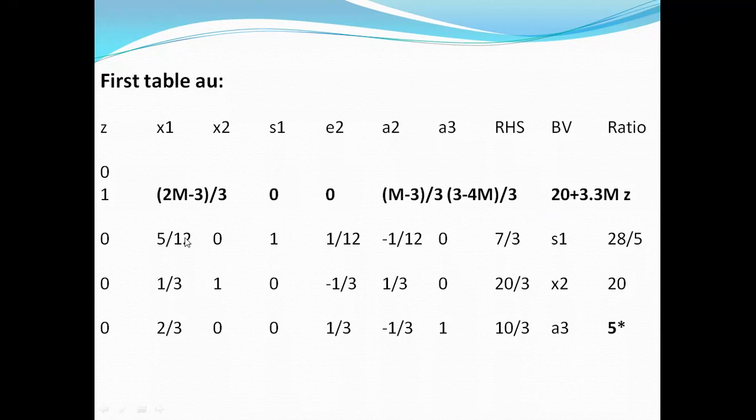So finally, upon substitution of these values, you are getting x2 is equal to such a value, a3 is equal to 5. Upon substituting this a3 value, we will also get the a2 value in the equation.